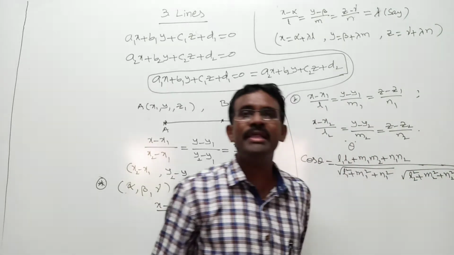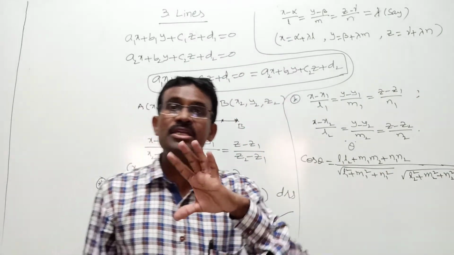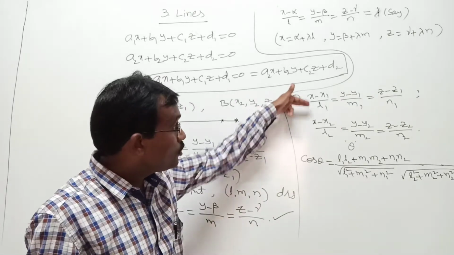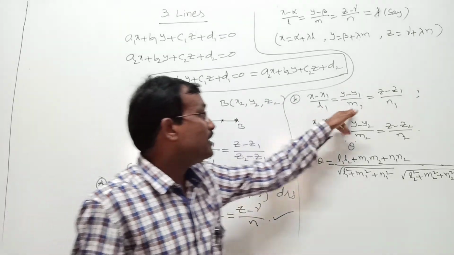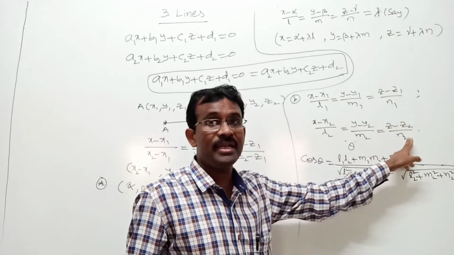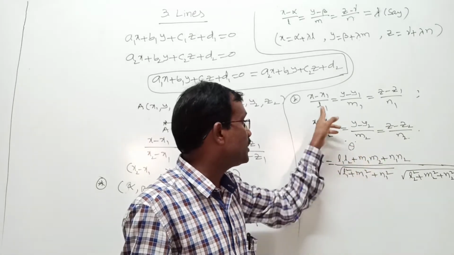In system of coordinates, we define the angle condition in terms of direction ratios. Here l1, m1, n1 are the direction ratios of the first line, l2, m2, n2 are the direction ratios of the second line, and if theta is the angle between them, their cos theta is what?